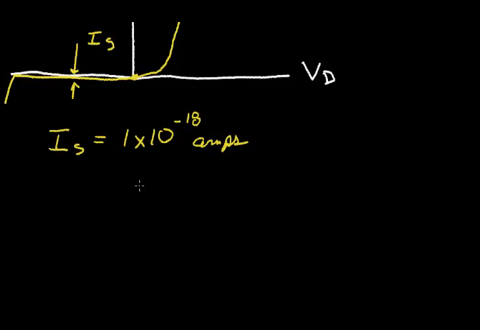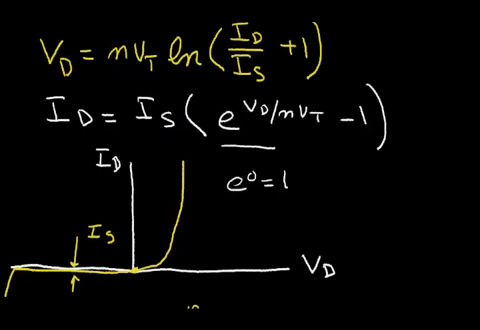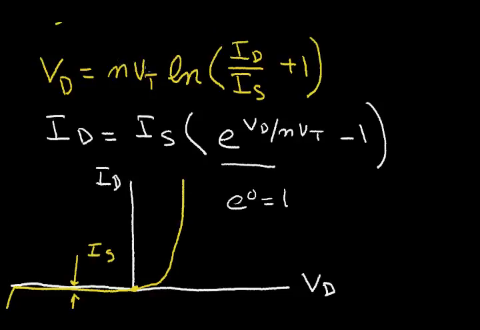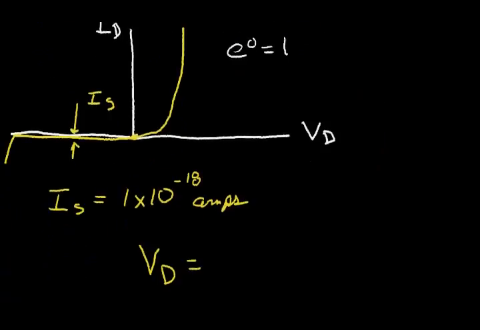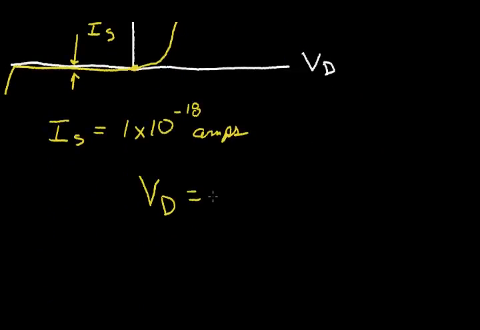So let's solve for V sub d is equal to NVT, and N for our diode will be approximately 1, and the VT will be 0.026 volts times the natural log of I sub d.